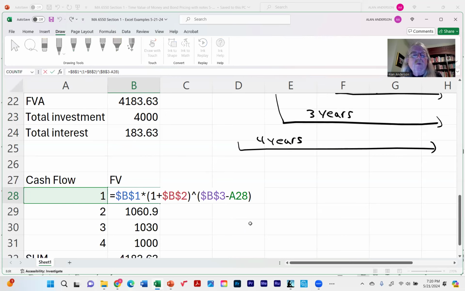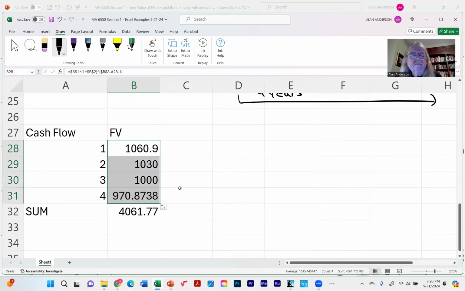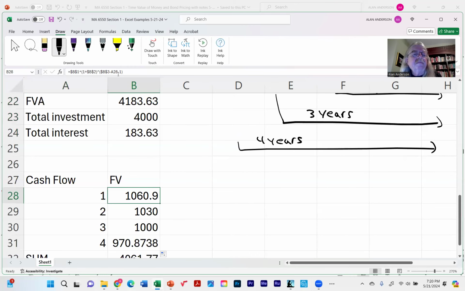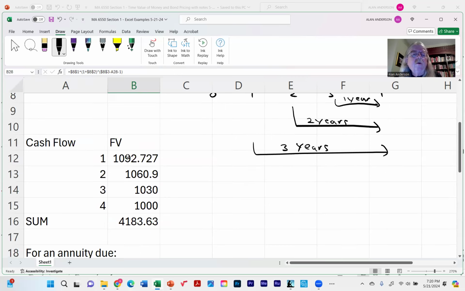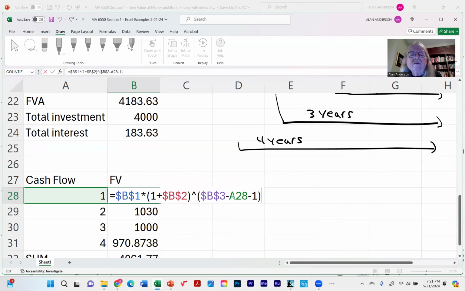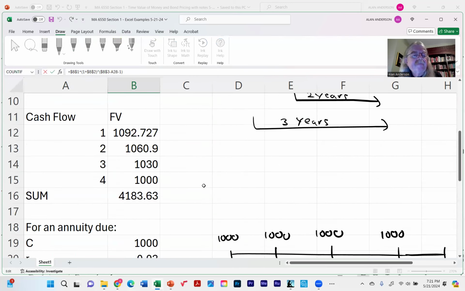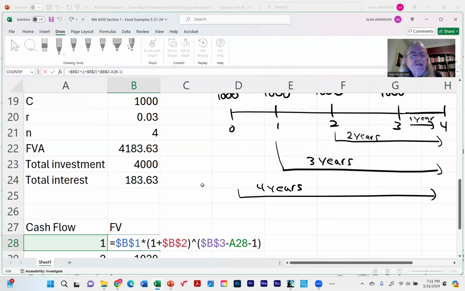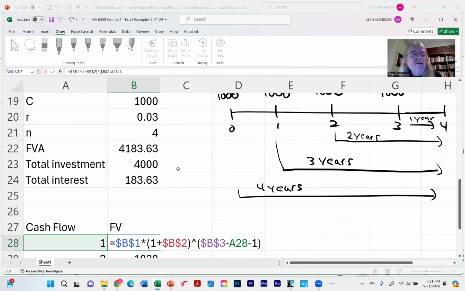What I'm going to do is subtract 1 more year. Oh, no, sorry. Here's what I should have done. Instead of doing, no, I'm going to do this. That's not what I wanted. It's no wonder it's not working. That's 4 right there.